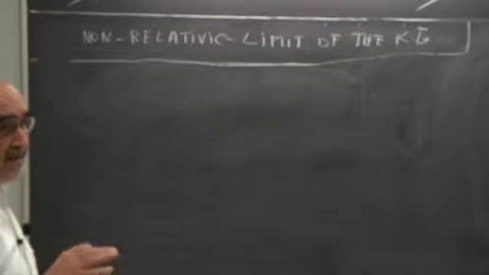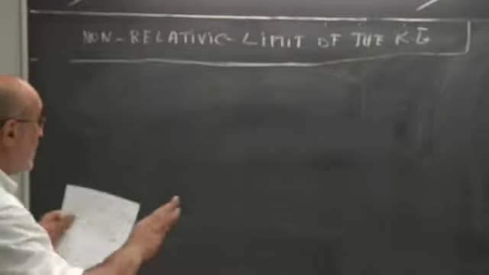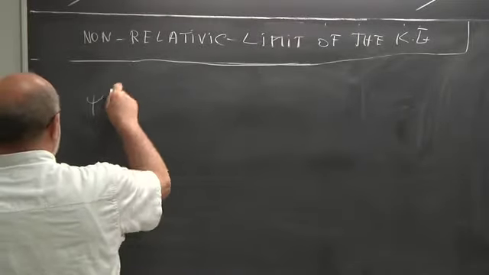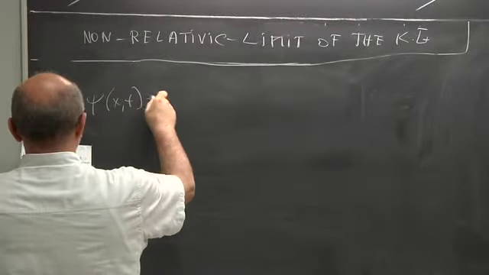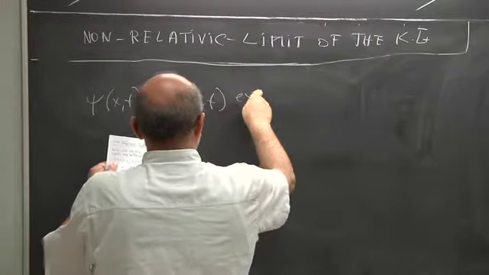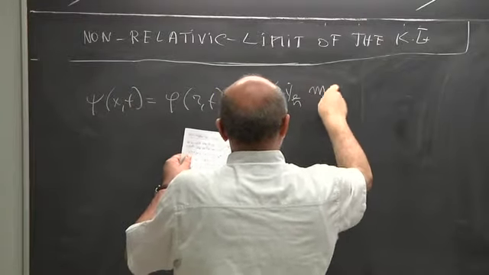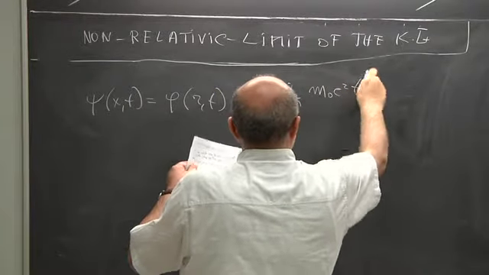But if it is non-relativistic, the kinetic energy is smaller than the mass energy. So let's parameterize a generic solution in this manner. Nobody forbids me to parameterize the solution in this manner.